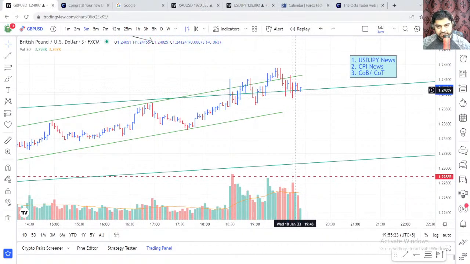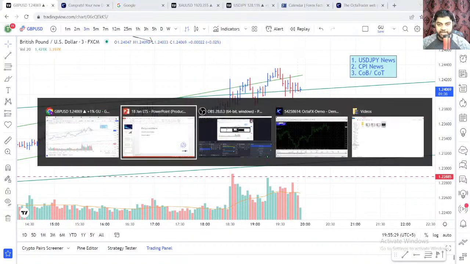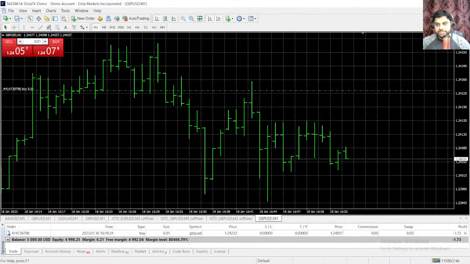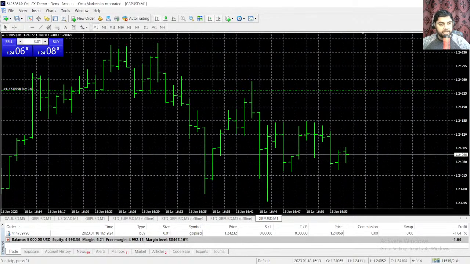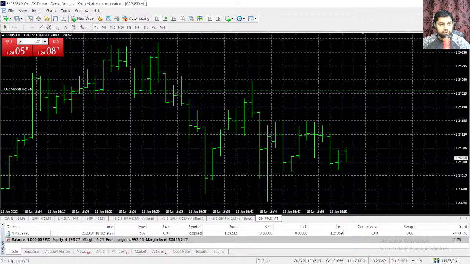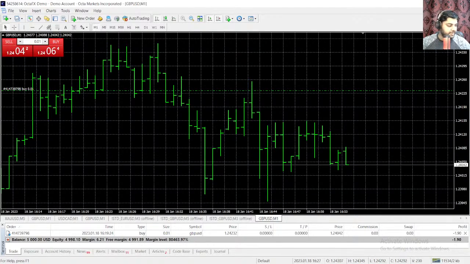Now we will go down to our 3-minute time frame and we will look for buying opportunities. I think there is a buying opportunity over here, and I am going to make a buying trade right away. You can see that I had this trade running, and now I will buy.